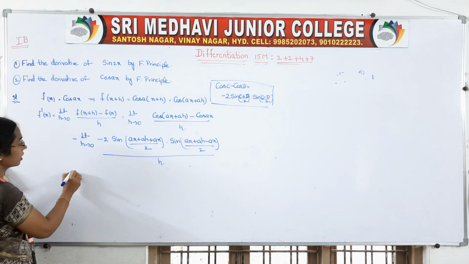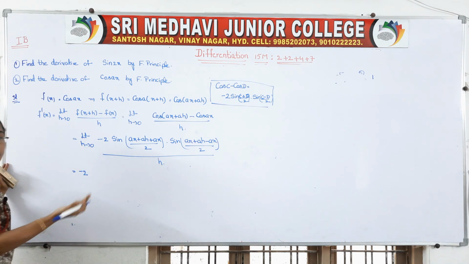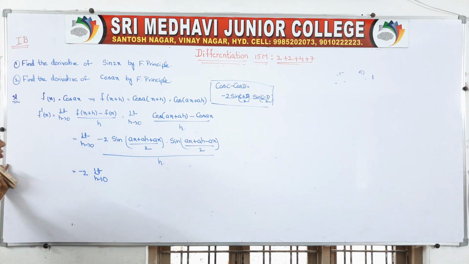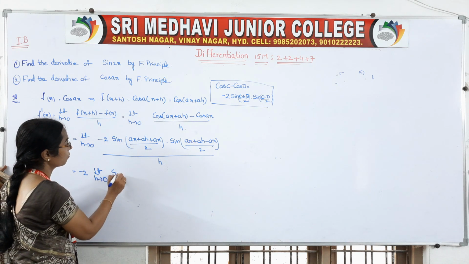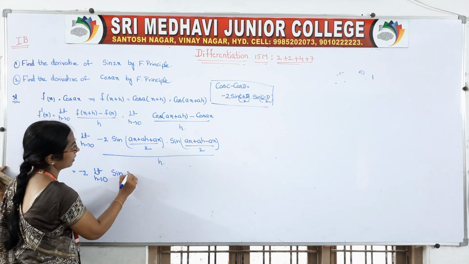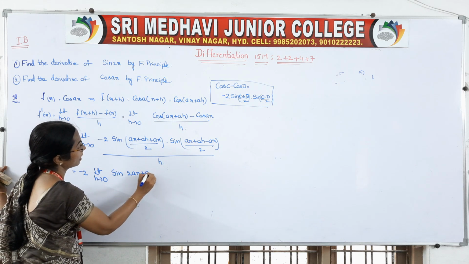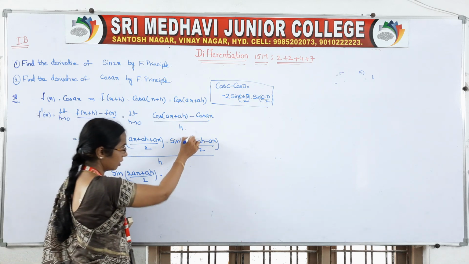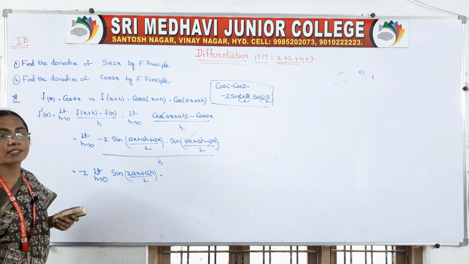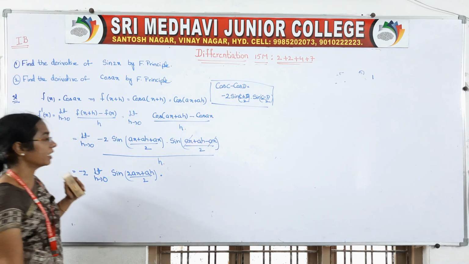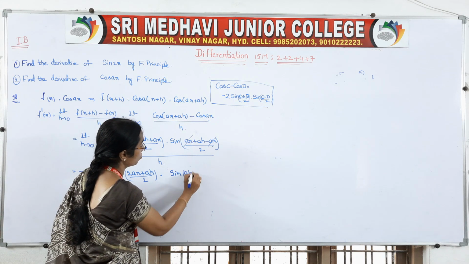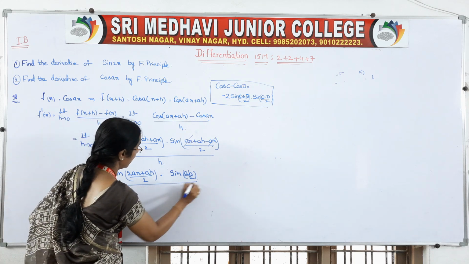So take minus 2, it is constant. Even in limits we can write a constant outside. Limit h tends to 0 of sine of (2ax plus ah) by 2 into sine of ah by 2, divided by h. Here the ax minus ax will definitely cancel.